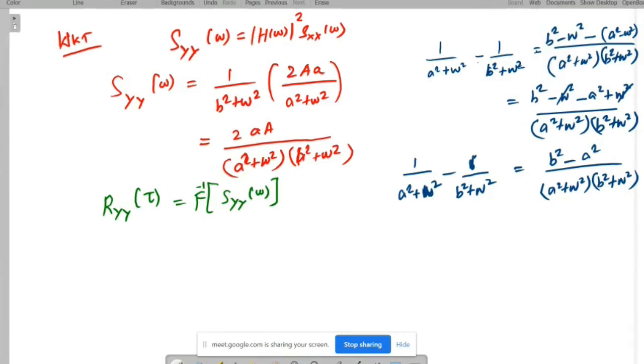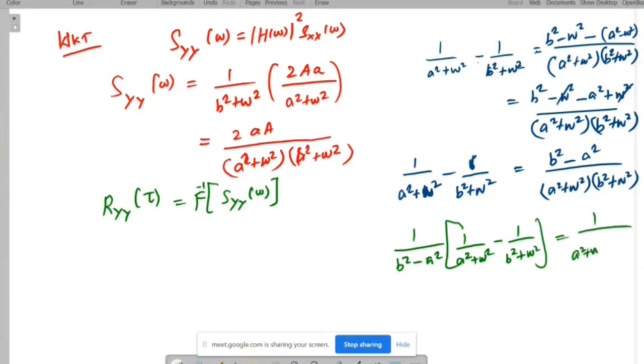From that, can we take 1 by b square minus a square, times 1 by a square plus omega square minus 1 by b square plus omega square, equal to 1 by a square plus omega square, b square plus omega square? I have multiplied this term to the left-hand side. Now you have to compare this expression and this expression.